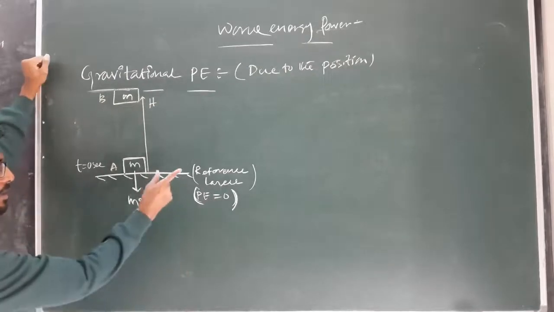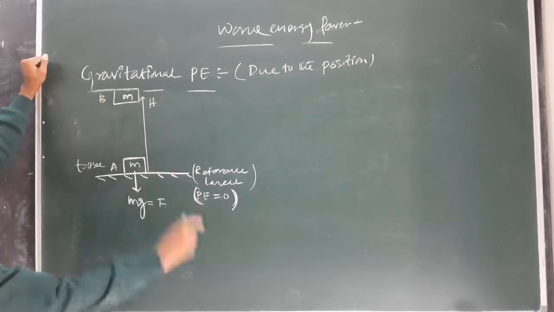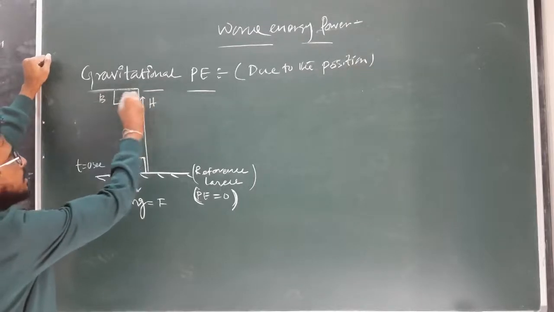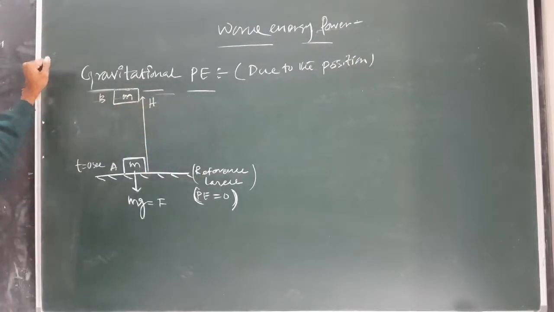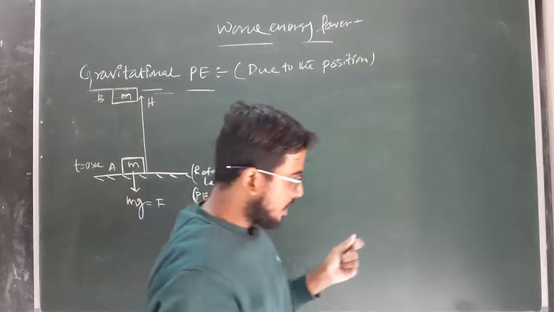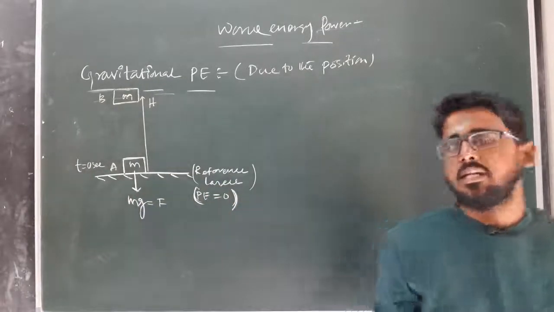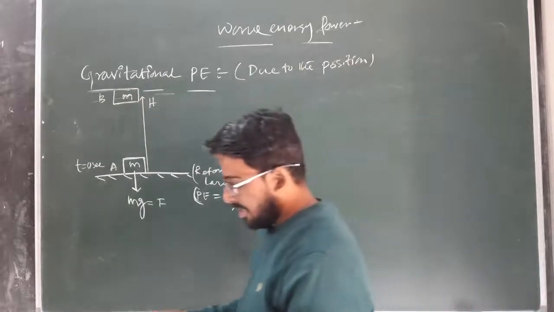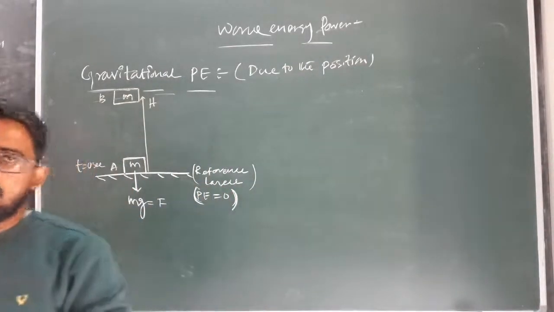It's not bound that this level is always taken as potential energy 0. Maybe I can take this top level as potential energy 0. So at any reference level we can assume the potential energy to be 0. It is up to you. You can choose any reference level as 0 potential energy.